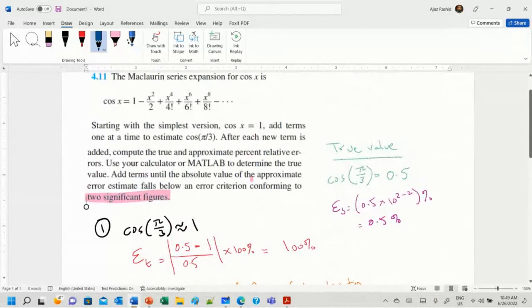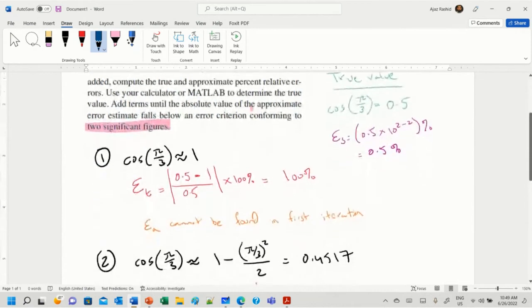So this is finding the true relative errors and the approximate relative errors in an iterative procedure. Important thing to remember: in the first iteration you cannot find the approximate error because we don't have a previous value to compare with.